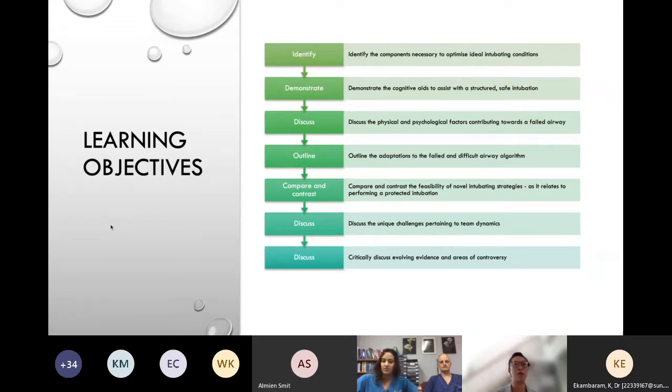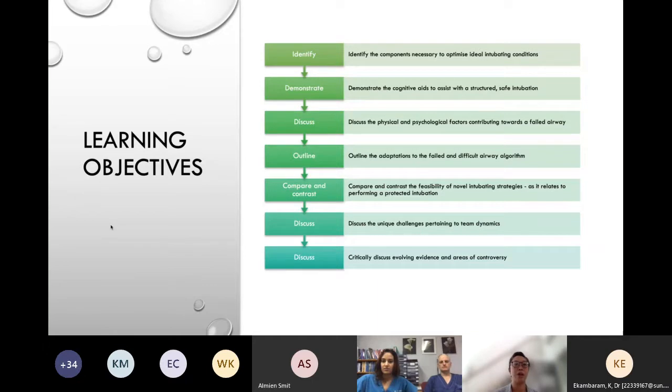We'd like to identify the components necessary to optimize ideal intubating conditions. We want to demonstrate the cognitive aids required to assist with a structured, safe intubation. We are going to discuss the physical and psychological factors contributing towards a failed airway. We're going to outline the adaptations to the failed and difficult airway algorithm.